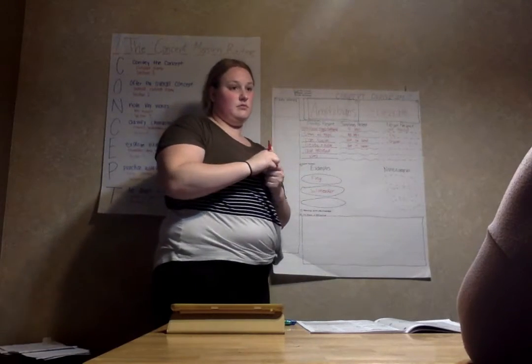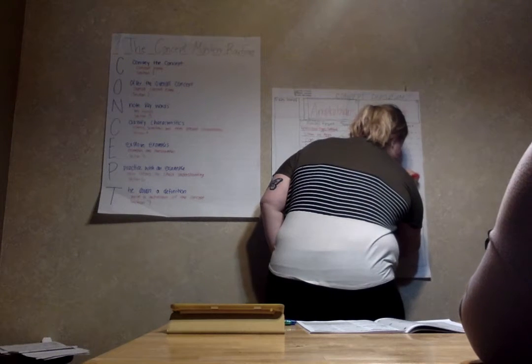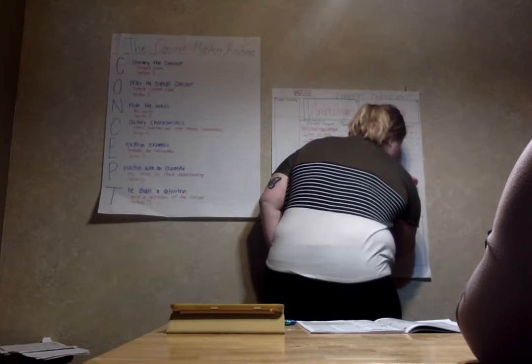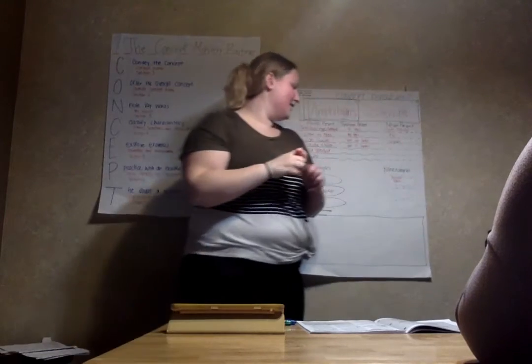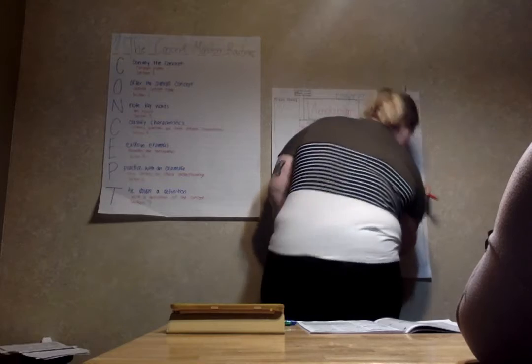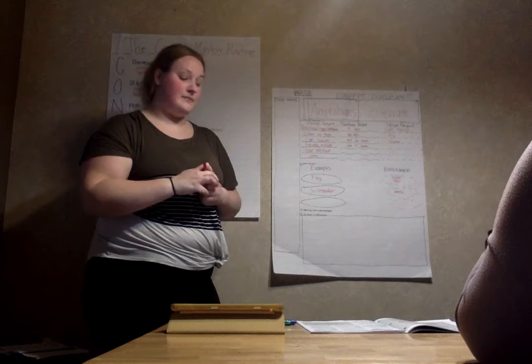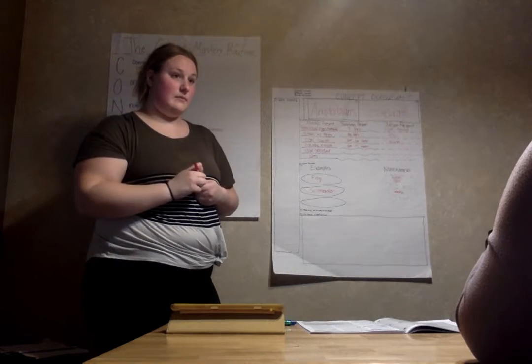A robin bird. Birds. I will get specific for you. Okay. What else? A whale. A whale is, yep. Whales are mammals, like we learned about. Yes. And one more. Dog. Perfect.